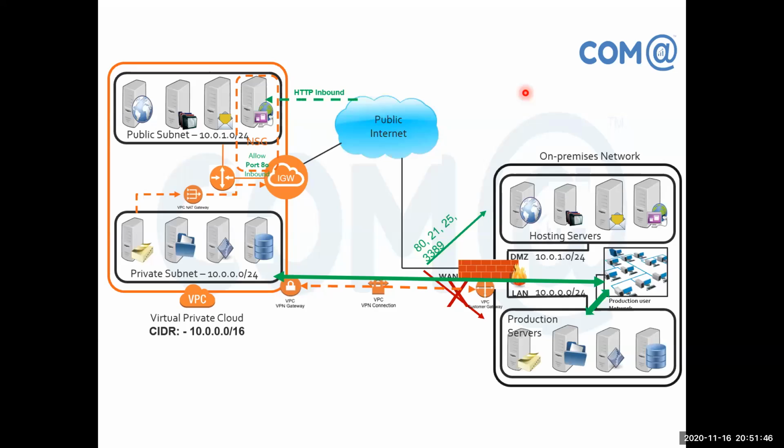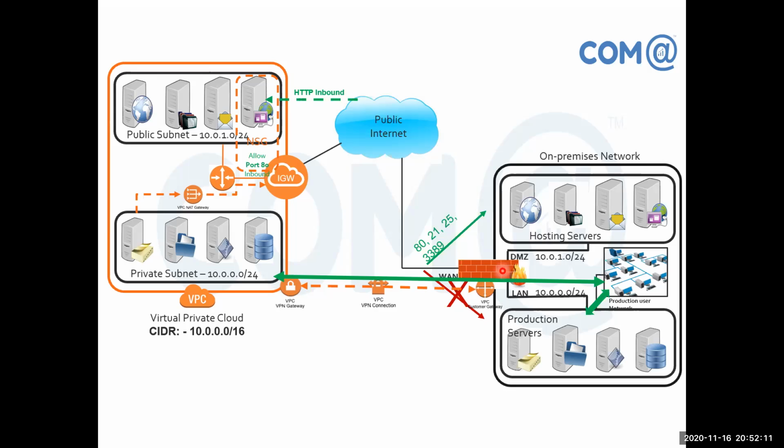How about the connectivity between the public subnet and private subnet in a VPC? If required, we can configure the routing like in your on-premises setup. Your DMZ will have a different subnet and your LAN network will have a different subnet. To make communication between these subnets possible, we configure the routing in the firewall.